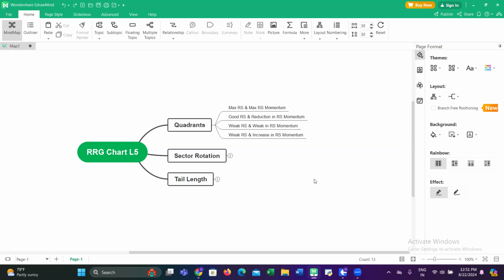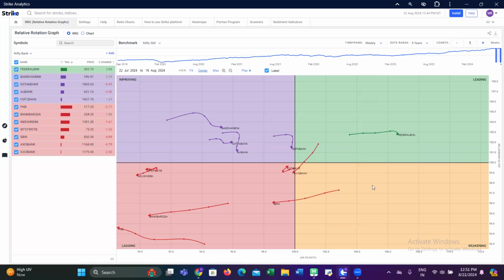Now, getting into the second quadrant: good RS ratio, but reduction in RS momentum. Which quadrant is that? It is the weakening quadrant, where you see scripts getting into weakening. It has a reduction in RS momentum, because RS momentum is on the y-axis.